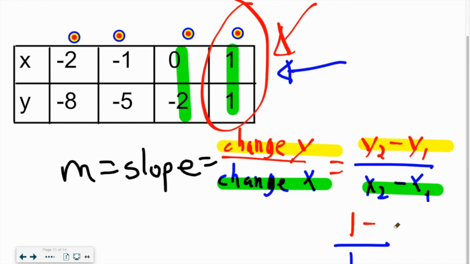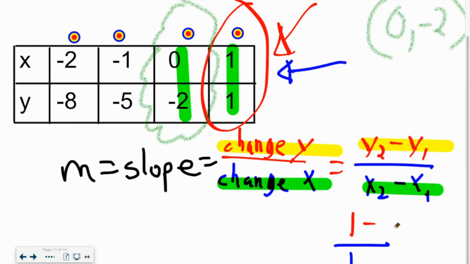Now we're going to focus on our second point. So whether you see it written like that or you see it written as an ordered pair, we're going to focus in on those. And we're going to look at this one. What is the y value in this point? It's a negative 2. And what is the x value in this second point?